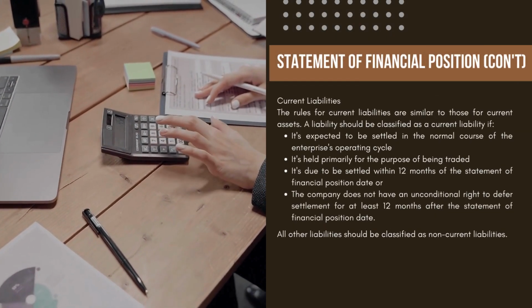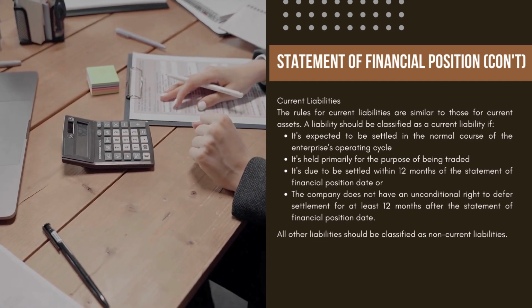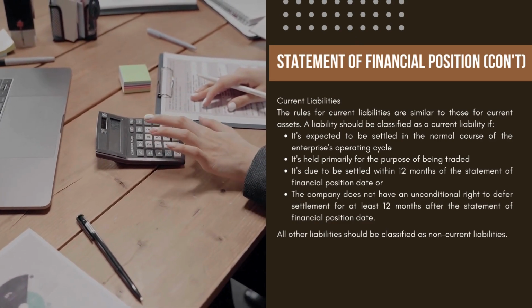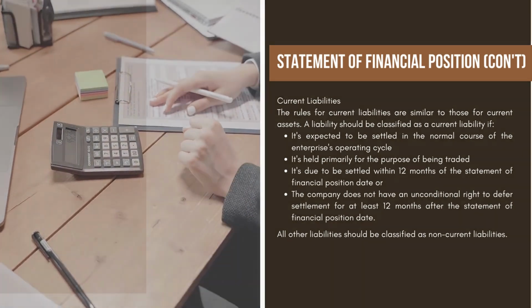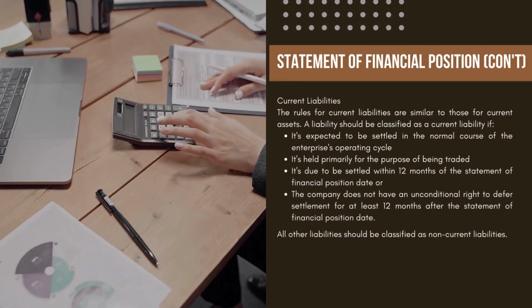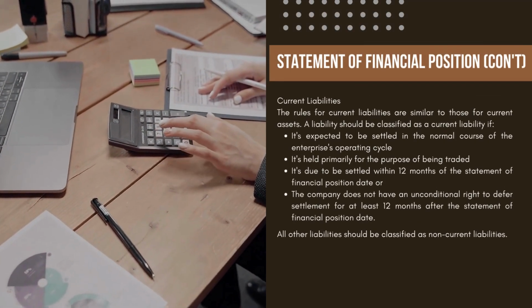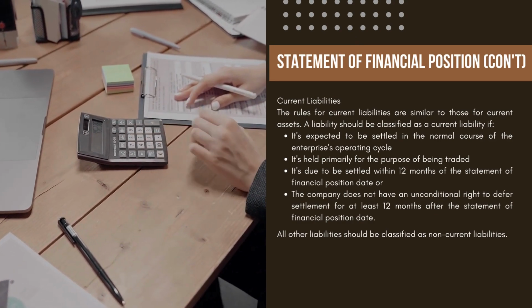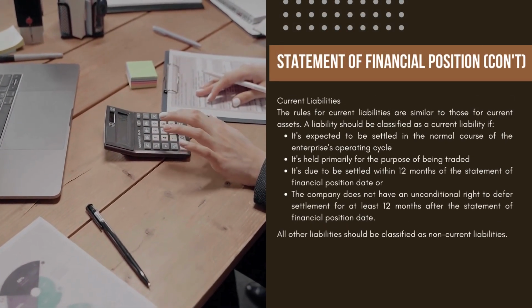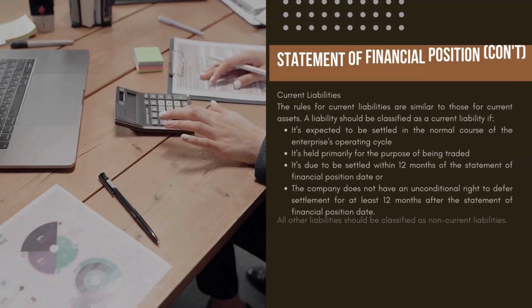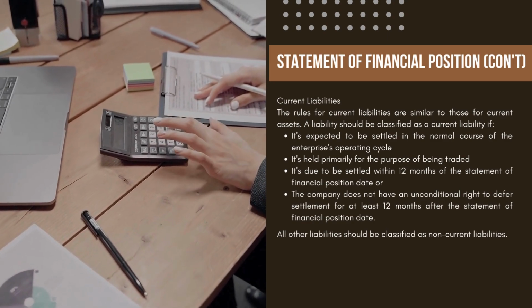A liability should be classified as a current liability if it is expected to be settled in the normal course of the enterprise's operating cycle, it is held primarily for the purpose of being traded, it is due to be settled within 12 months of the statement of financial position date, or the company does not have an unconditional right to defer settlement for at least 12 months after the statement of financial position date. All other liabilities should be classified as non-current liabilities.